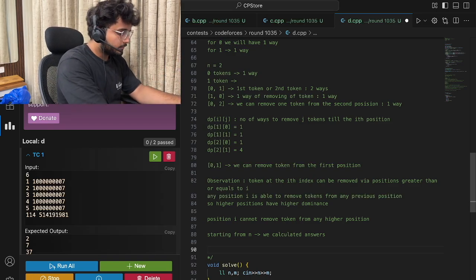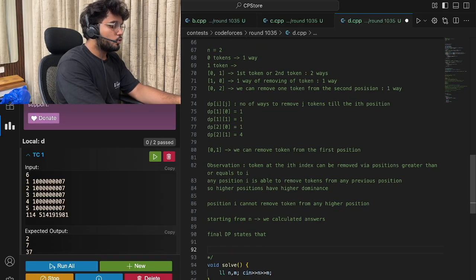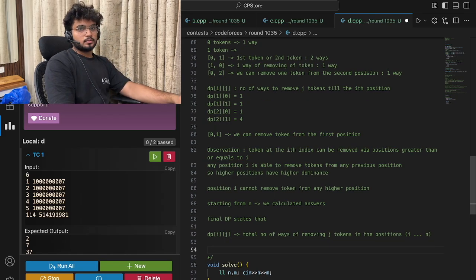So the final dp states that I assumed were dp i,j: total number of ways of removing j tokens in the positions i to n. This is what I assumed, right?